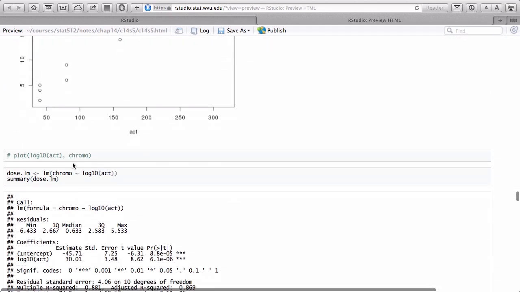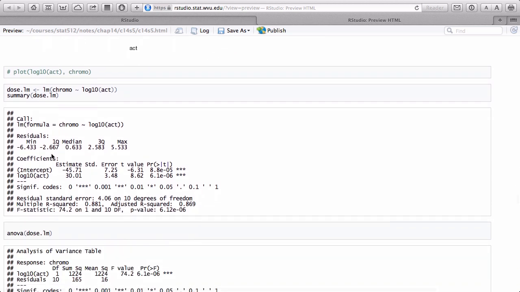So what we're going to do is fit a model, the chromosome damage tilde log base 10 of ACT. Now I could have done log base e. If I get a summary, if I get a fit now, I can see that this is highly significant.